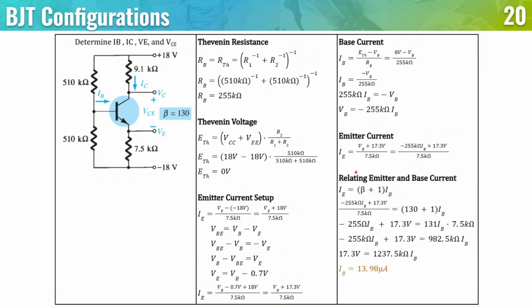So now you also have to find a relation to IB. Since emitter current has the IB, and you know that IE and IB are related by beta plus 1, you can use IE is equal to beta plus 1 times IB.